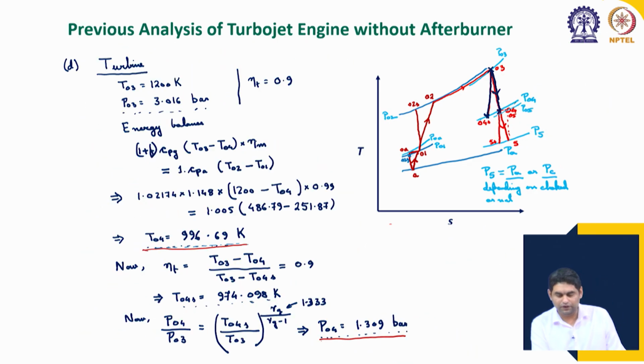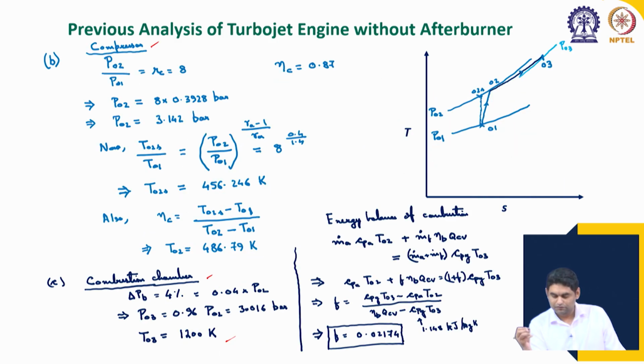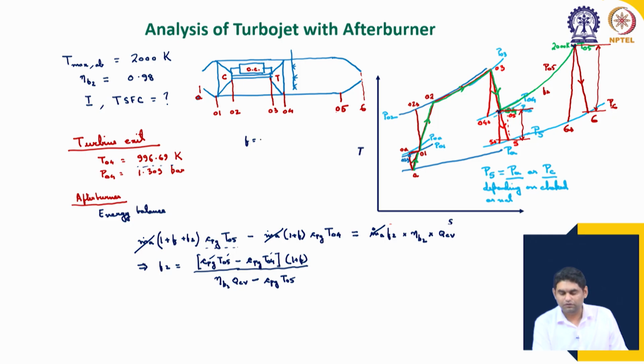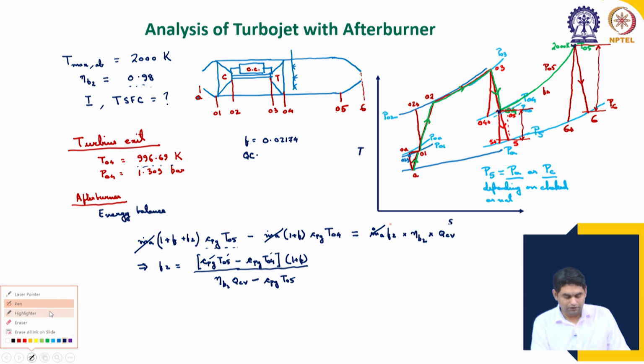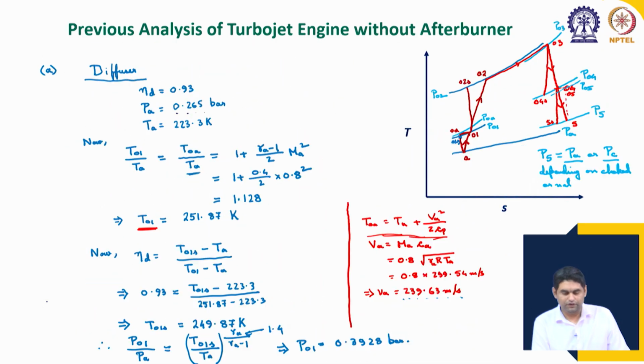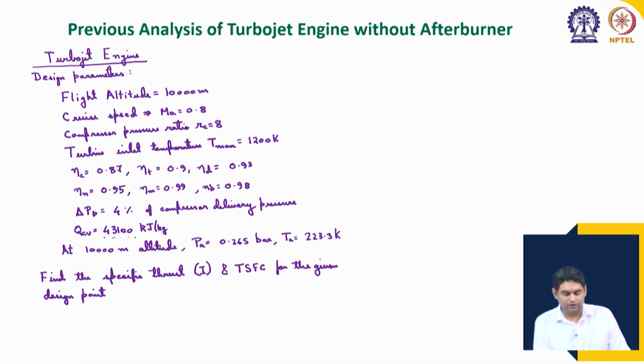We had found that the value of F is 0.02174. Eta B2 is given as 0.98. The calorific value of the fuel is known to us. It was given as 43,100 kilojoule per kg. Let us verify that.